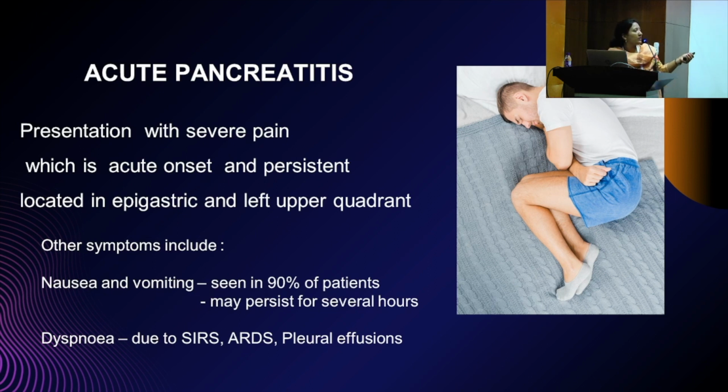The pain will be so severe that you tend to adopt this symptomatic position. Nausea and vomiting are seen in around 90% of them. Patients with more severe disease on presentation, who have a significant systemic inflammatory response or other organs affected like ARDS, can present with breathlessness and other features.